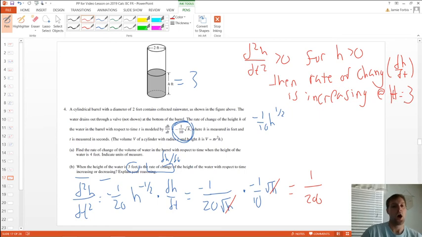So all we did for B was look at the derivative of what it was asking for and see if it was positive or negative. Since it's positive, I know that it means it's increasing.